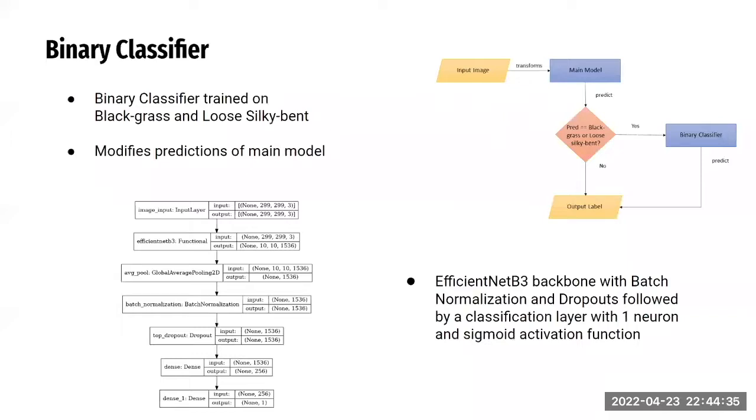The binary classifier is trained only on images from these two classes from the balanced dataset. Our hypothesis is that the binary classifier will better distinguish these two classes than our main models and help improve the scores. We used an EfficientNet B3 along with batch normalization and dropouts, and the final classification layer is a one neuron layer with the sigmoid activation function for the binary classification task.